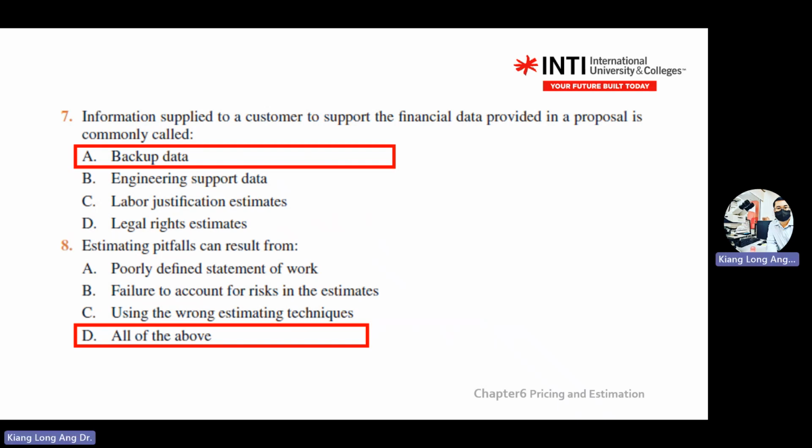Using the wrong techniques also, which means the estimation is wrong. For example, if you get random data, we'll learn this in chapter 8 later, and the data has a curvature, parabolic, periodic behavior, but you estimate using a linear equation, it's wrong.